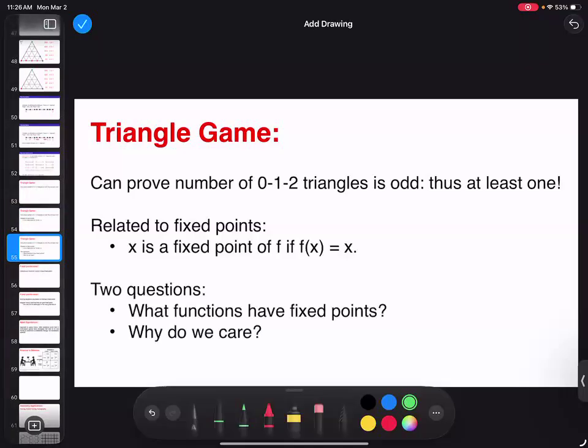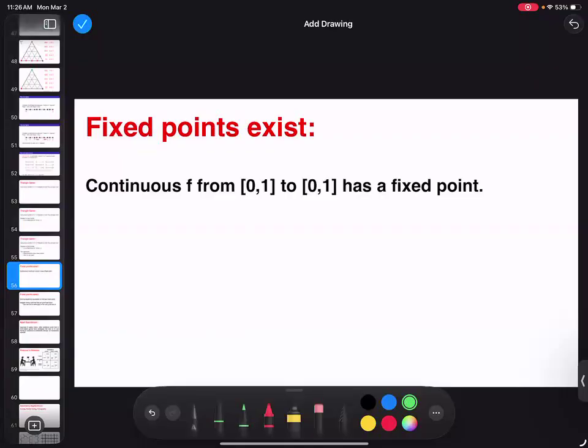So we wonder, why do functions have fixed points? Why do we care? Any continuous function from [0, 1] to [0, 1] has a fixed point. And the proof of this, I can actually do very quickly. So I'm mapping the interval to the interval.